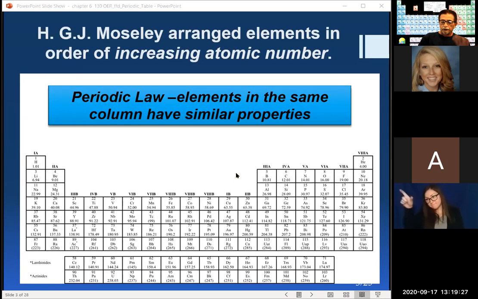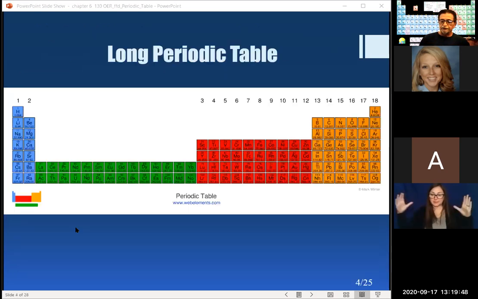Now, notice in the periodic table that we utilize, the group down at the bottom, the 2 rows really belong inside. So on the far left, number 58 really belongs obviously after number 57, okay? But they take them out to kind of crunch the periodic table in to be able to see a little bit better. And this is the long periodic table with that special group inside, okay?